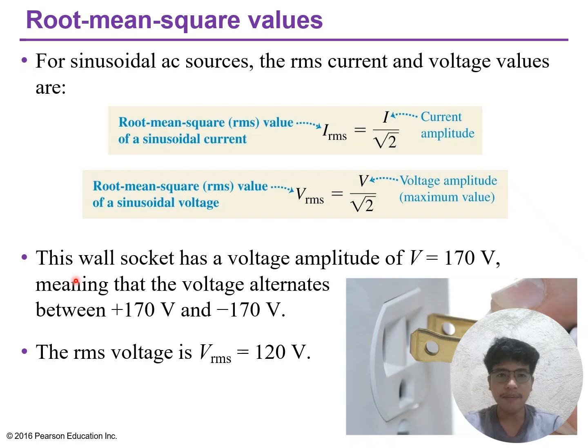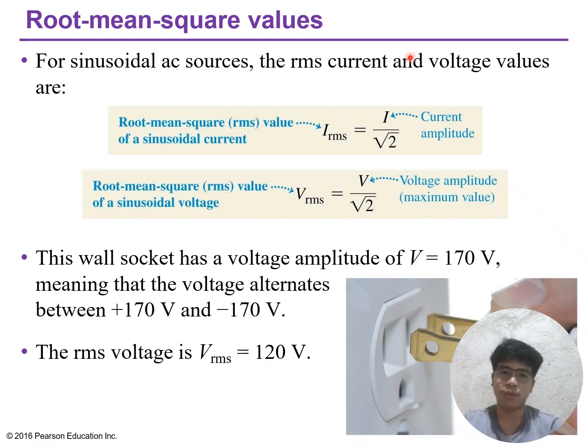So the RMS voltage is calculated as 170 divided by the square root of 2, which equals approximately 120 volts, the familiar voltage rating we encounter on appliance labels throughout North America.